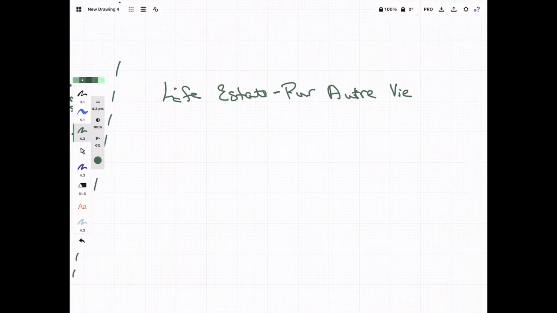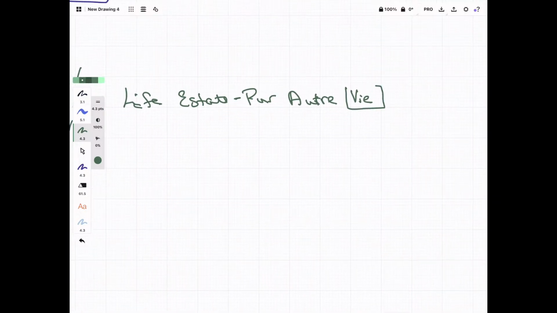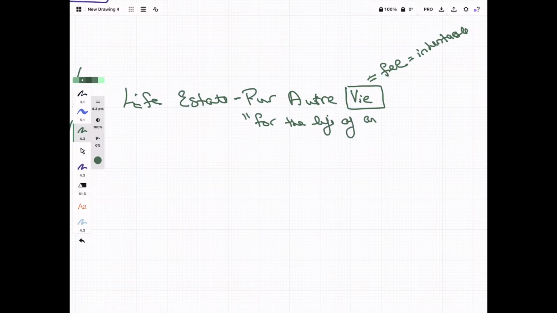Remember this. Vie rhymes with fee. And fee means it's inheritable. And I'm going to say that because somebody asked in the chat earlier, what's the type of life estate that could be inherited? It's this per autre vie. And per autre vie means for the life of another.